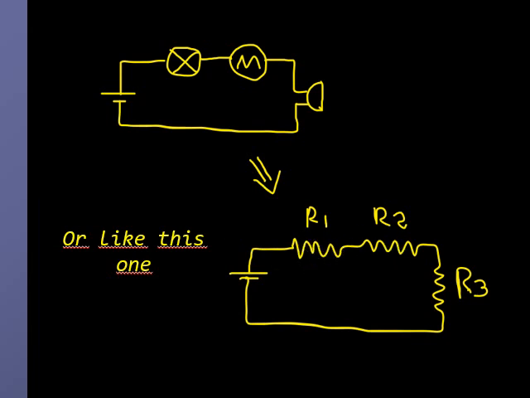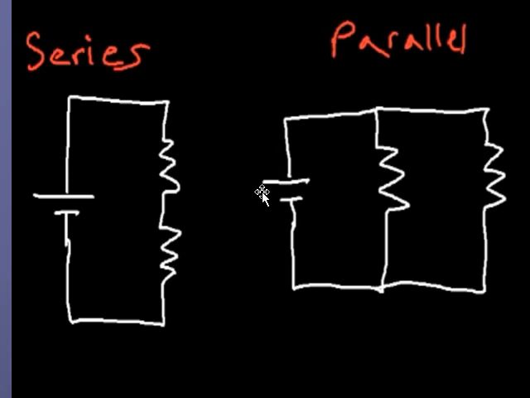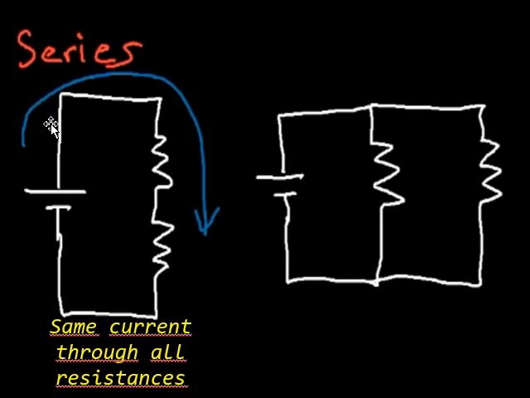So, main differences in series and parallel connection. When you have these two examples, in series connection, as I say, you have the resistances connected one after the other in the same cable. And in parallel we connect one to the battery and then we connect another in a different branch. In series connection we have the same current going through all the elements, because there is no other way for the current.